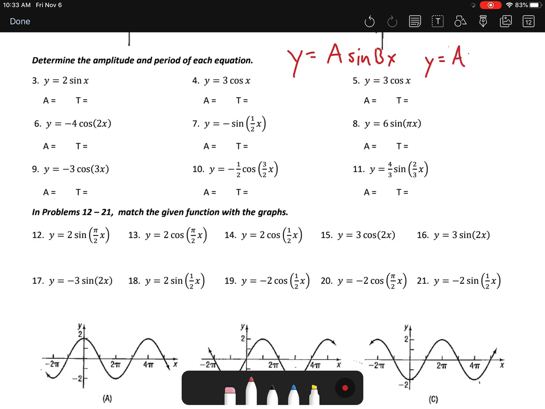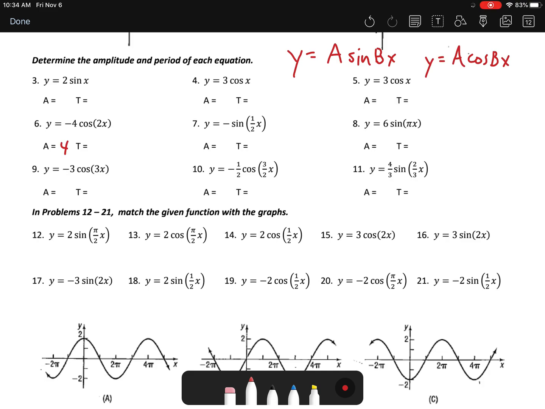Now remember, on the PowerPoint it said omega x instead of b, but our book uses b, so I want to be consistent with the book when we get into our book. So our amplitude, remember, is the absolute value of that number in front. So our amplitude then on 6 is 4. All the negative means is it starts below instead of above the x-axis for cosine.